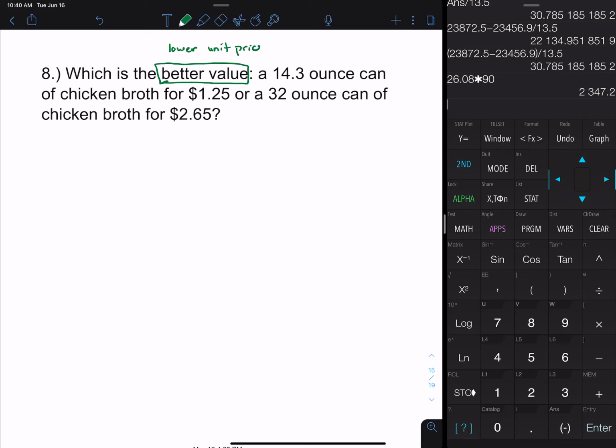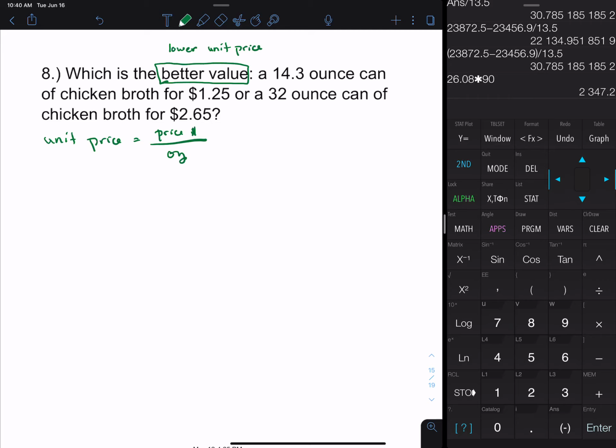And if we're trying to find the unit price, we find that by doing the price, the dollar amount, divided by whatever they're measuring it in. So in this case, they're telling us about stuff that has different ounce sizes.